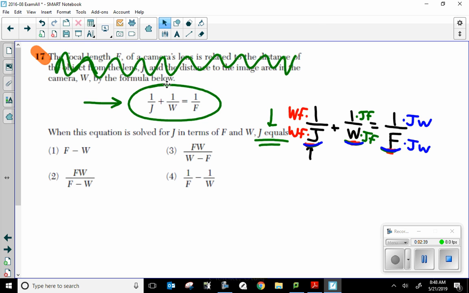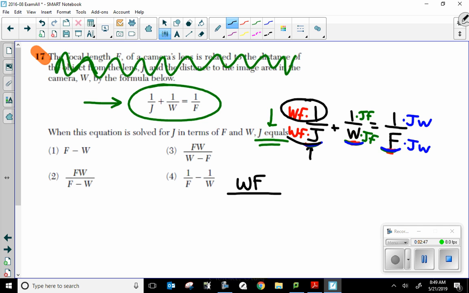So let me rewrite this whole thing. 1 times WF is just WF over the bottom, JWF, plus JF times 1 is just JF, all over the bottom JWF. Please remember, in multiplication, order doesn't matter.